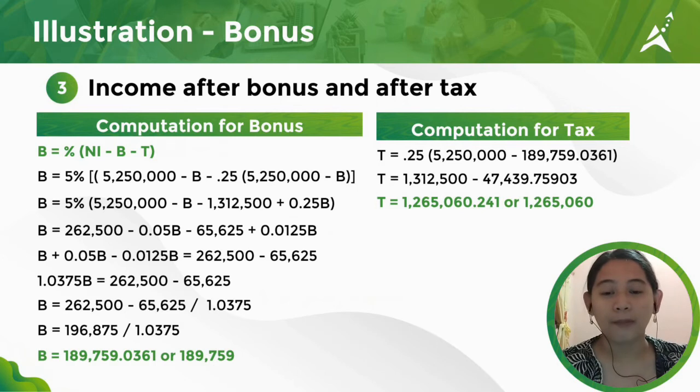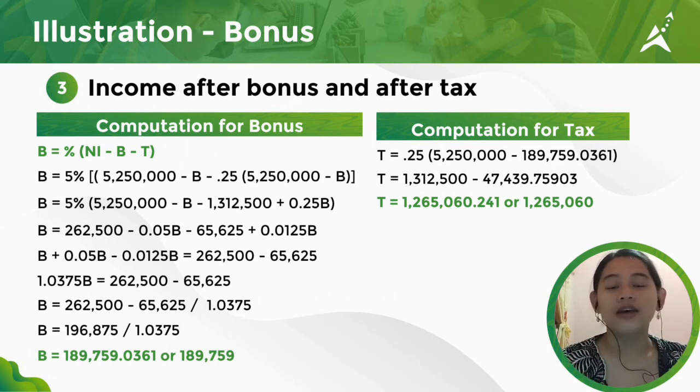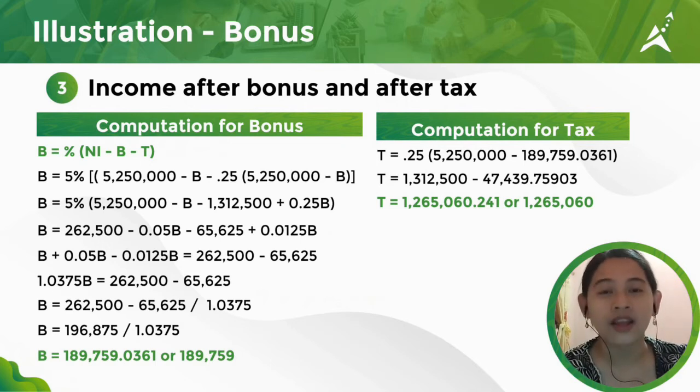Now, our formula: B equals percent of bonus times net income minus B minus T. So, we just exchange the values. 5% times 5,250,000 minus B minus 0.25 times 5,250,000 minus B. How did we get 0.25? 0.25 is our income tax rate. If we go back to our given, T equals percent, and that percent is our income tax rate. It is 25%, so 0.25. We just converted 25% to a decimal.